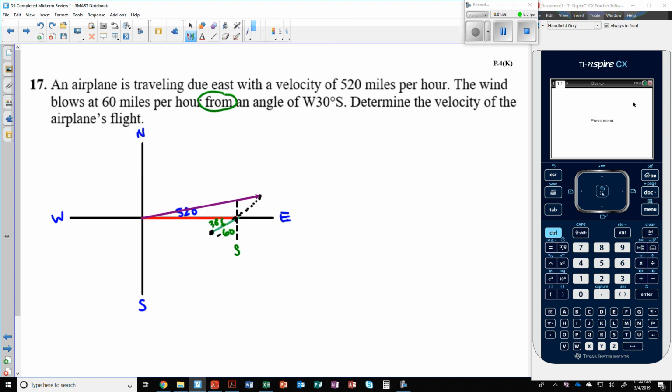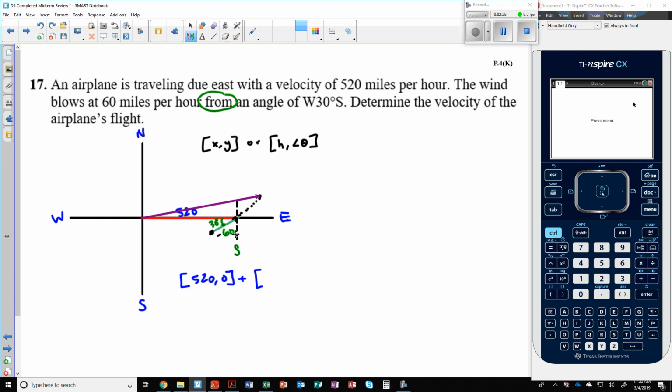So to put the vectors in the calculator, I first ask myself, am I given an x, a y, or am I given the h and theta? Now this first 520 going east, that's an x value. So I'm going to write that vector as 520, 0. It's positive x because it's going to the right. The next vector, it's a slanted piece, so I'm going to write it as an h and theta.